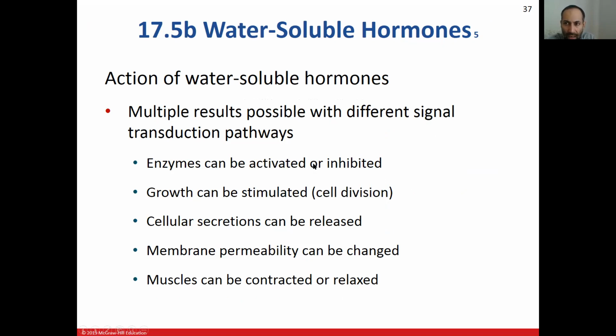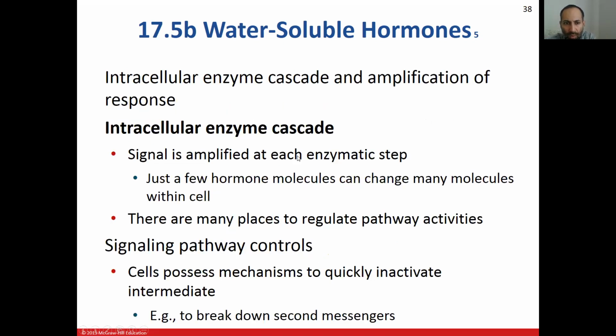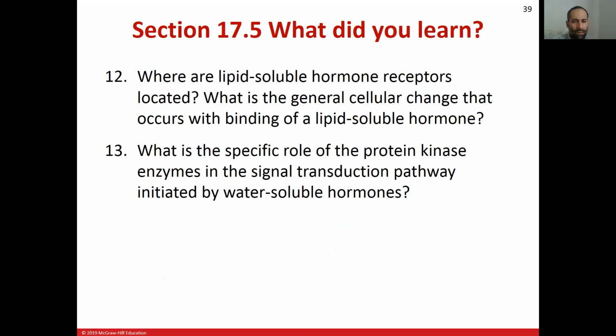They can activate or inhibit certain enzymes. They can cause growth to happen. They can cause certain secretions to be secreted from the cells. They can change the permeability of the membrane. They can also act on your muscles, causing them to contract or relax, okay? So all of these are actions of the water-soluble hormones that can happen.